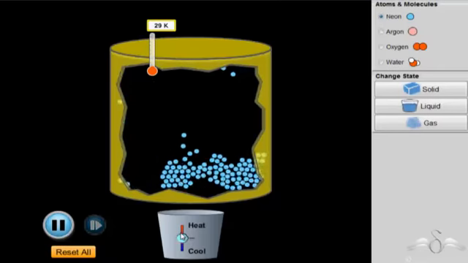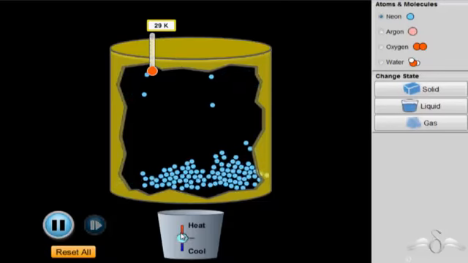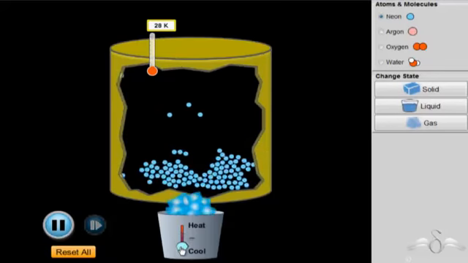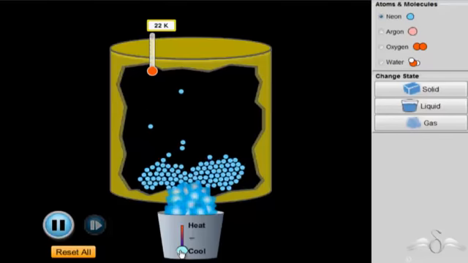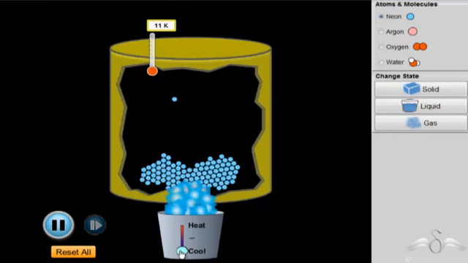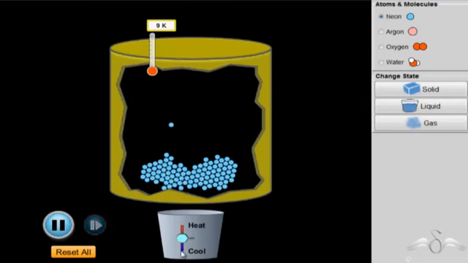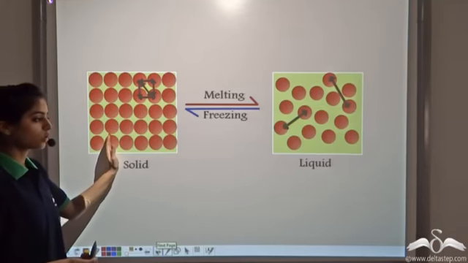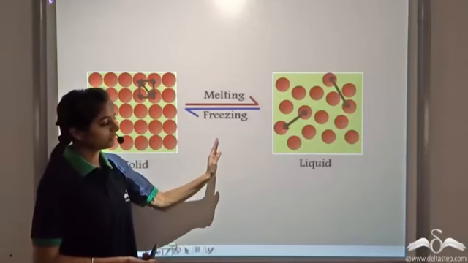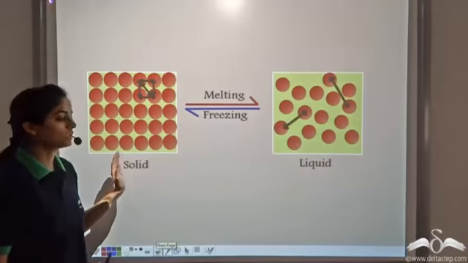Now let's say we have this liquid sample, we extract heat from the sample, that is we cool it. As we cool this liquid, the kinetic energy of the particles decreases, the interparticle space between the particles decreases, the intermolecular force of attraction between the particles starts to increase, and therefore the liquid form is changed into the solid form when we extract heat, that is when we cool the sample. So the conversion of a solid to liquid is known as melting, and the change of liquid to a solid is known as freezing.